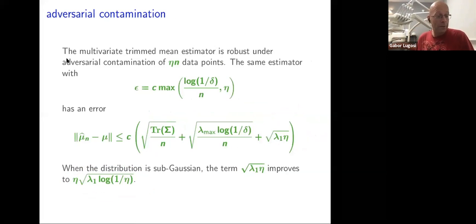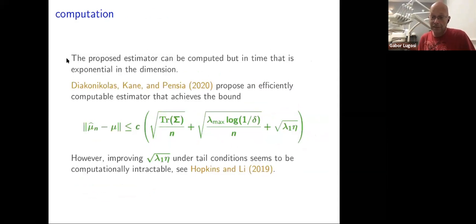Now, if you want to make this kind of improvement computationally efficient, then that seems to be computationally intractable. And Sam Hopkins and Jerry Lee have a paper where they give kind of complexity theoretic evidence for this.